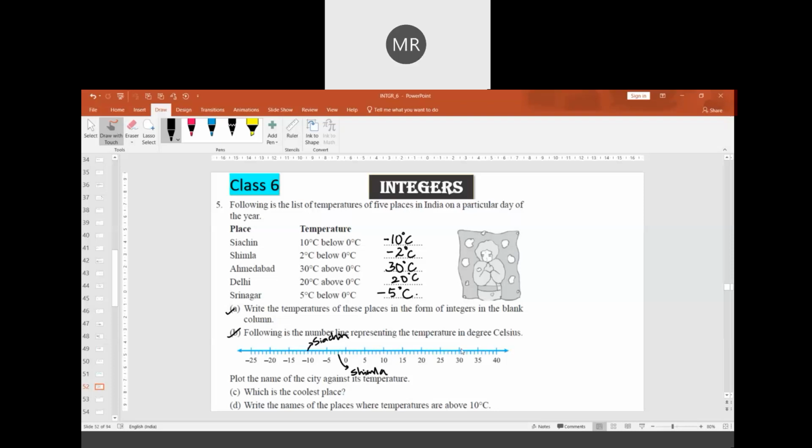30 degrees Celsius is Ahmedabad. And Delhi is 20 degrees Celsius. Then we have Srinagar at minus 5 degrees Celsius.